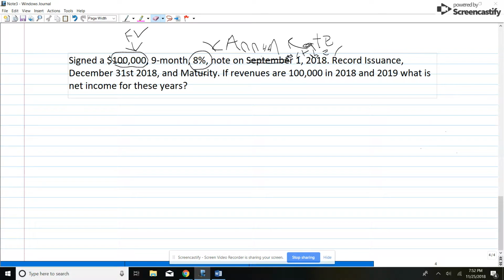On the maturity date, first off, we're paying off the note and the interest, so we have to recognize us paying all that off. We also have to recognize that after the initial 3 months, we held the note for another 6 months, so we have to include that interest in here somehow.